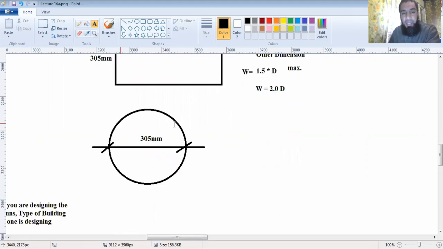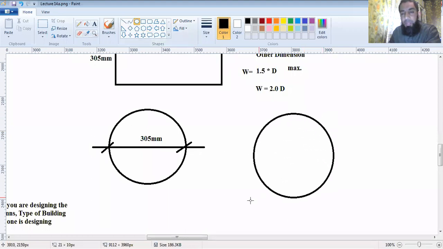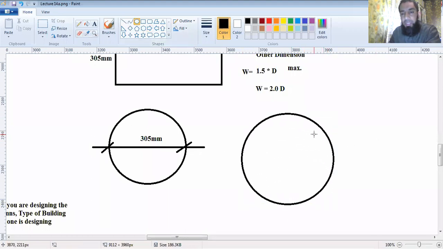Then in case of circular column, you may have further circular columns like these, which are hollow ones. Now, this is made totally of steel, the outer ring, and the inner one is made up of concrete, the RC concrete.